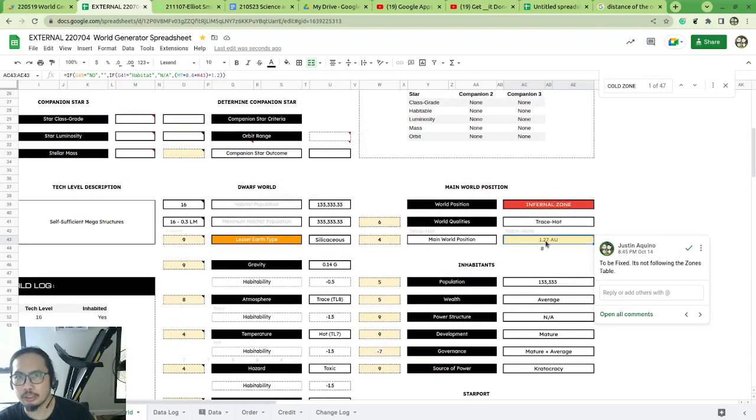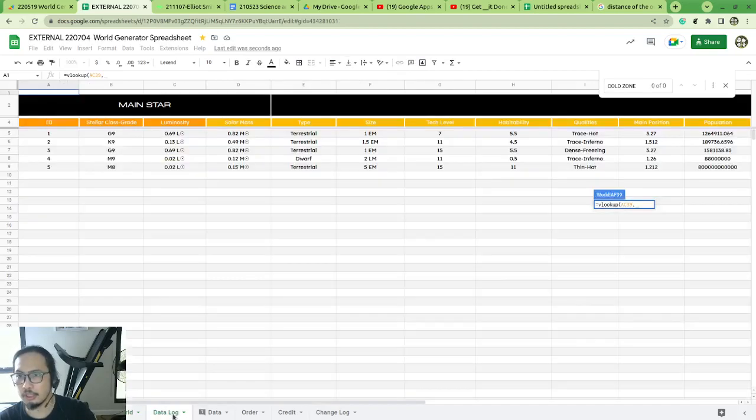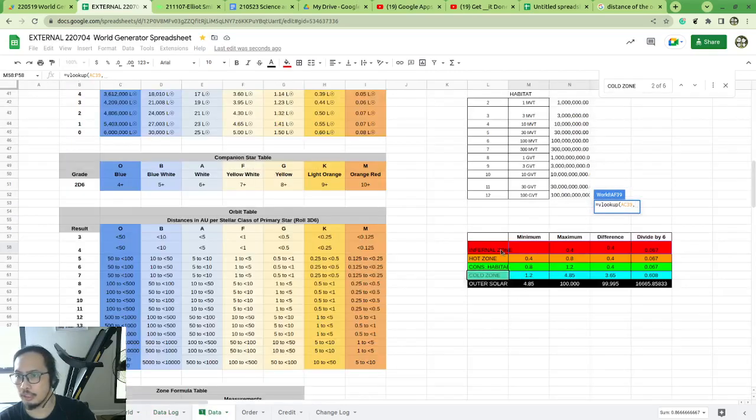So first, this will determine, so let's make it equals VLOOKUP. Let's make the search key this, and then the range is in the data. Yeah, this. Let's put F4.